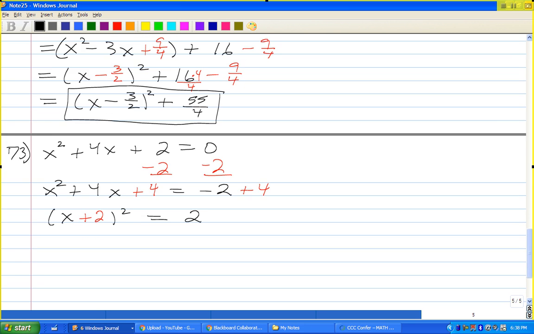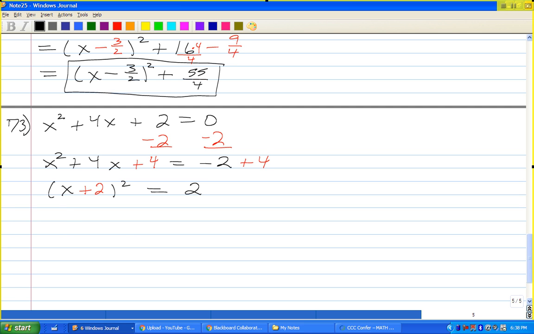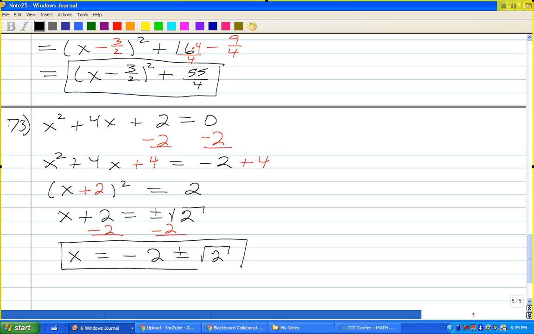By the square root property, I have that x plus 2 is equal to plus or minus the square root of 2. Subtract 2 from both sides of your equation. And so I have that x is equal to negative 2 plus or minus rad 2. And that is your answer.